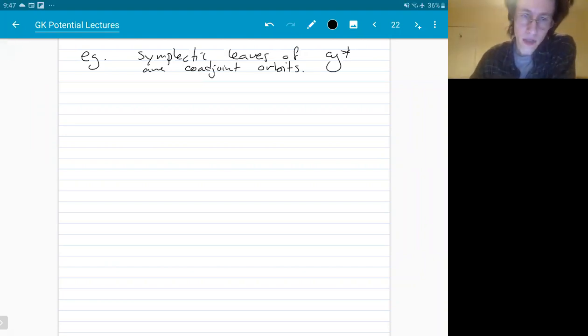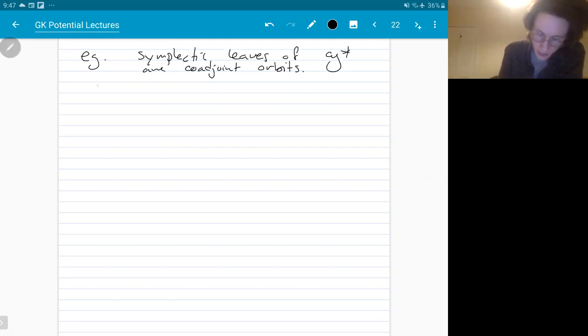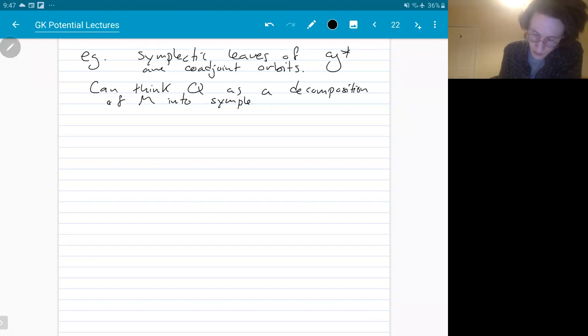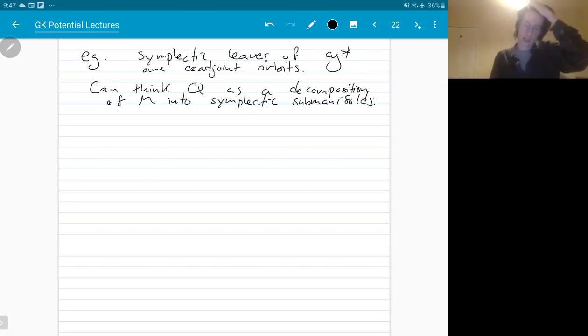The upshot is that we can think of a Poisson structure Q as a decomposition of M into symplectic submanifolds. It's some kind of really complicated singular structure of all these different leaves fitting together, with a symplectic form varying in a nice way on the leaves.